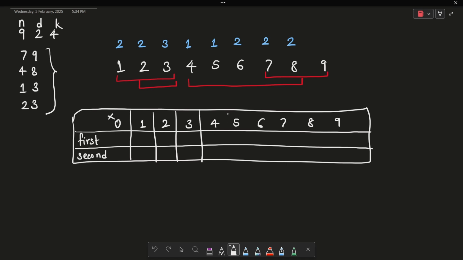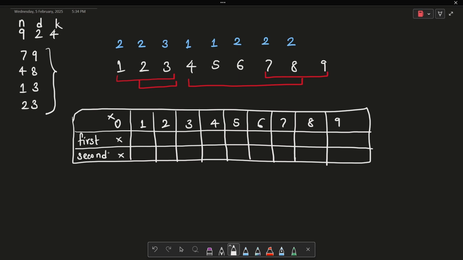Let me construct the vector. Yeah, that's my vector, right? Obviously, on the 0th day, there is nothing to do. Now what I'll do is, at the first element of each pair, I'll store a counter that will tell me if there is a job starting on this day or not.